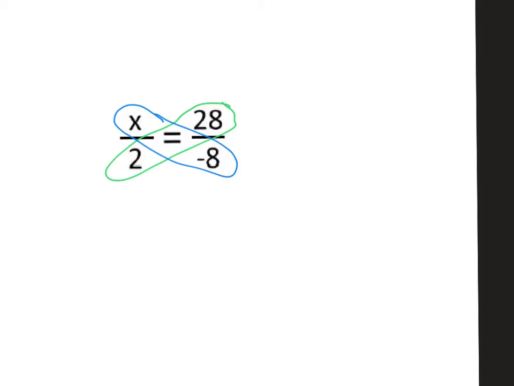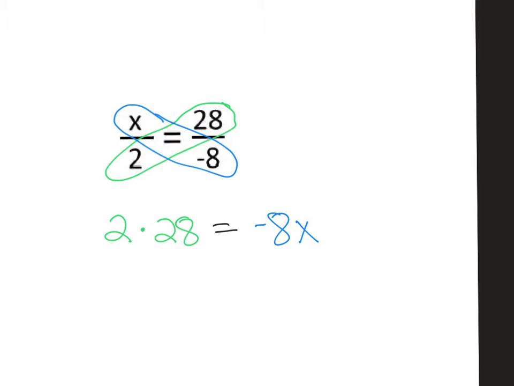We write it as 2 times 28 equals x times negative 8, which we write as negative 8x, the x goes last. So we've cross-multiplied and we've written our problem, and now we just have to solve. And really, it's as easy as that. Not too many crazy steps here.